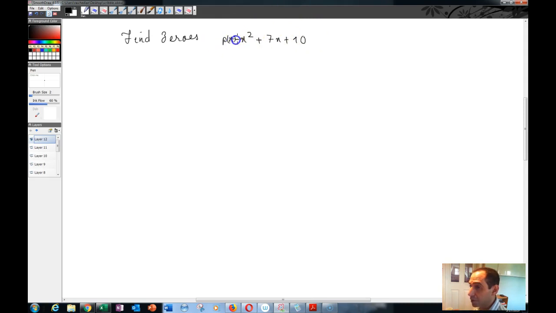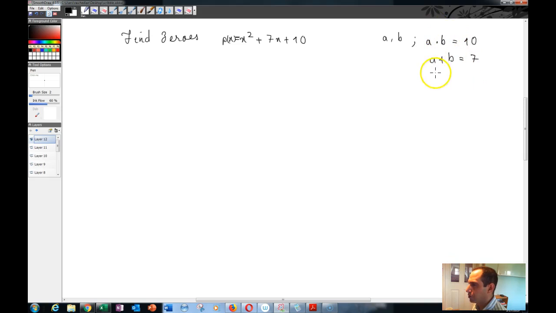In order to factorize this polynomial, you are basically looking for two numbers a and b such that a times b is equal to 1 times 10, which is equal to 10, and a plus b is equal to 7.